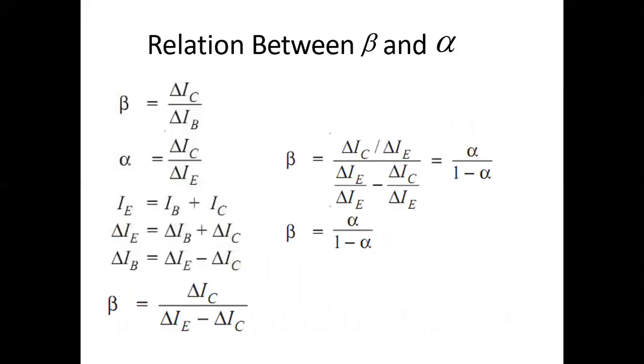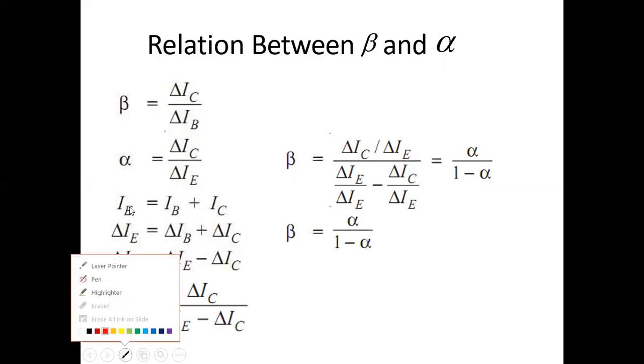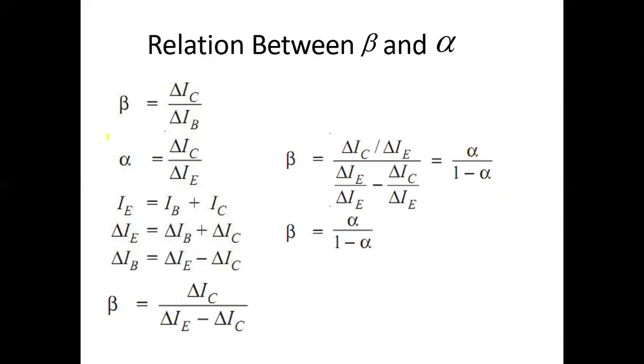And the relation between alpha and beta. Already we have this equation for alpha and beta, and IE is equal to IB plus IC, and we all know these equations for beta, alpha, and total current, that is emitter current IE.